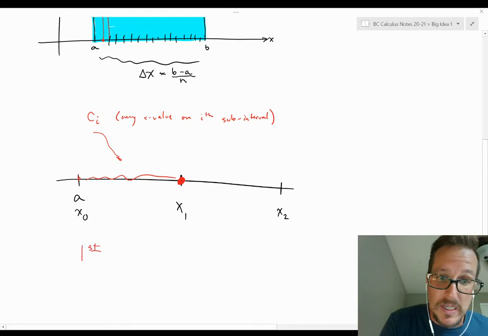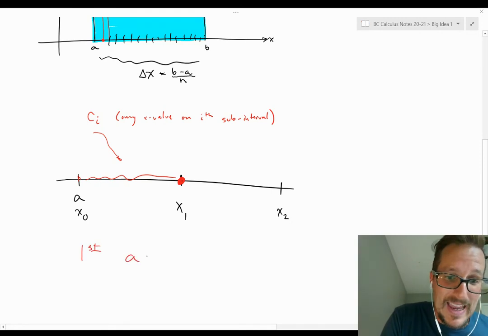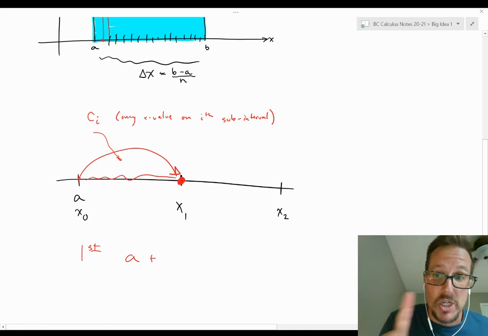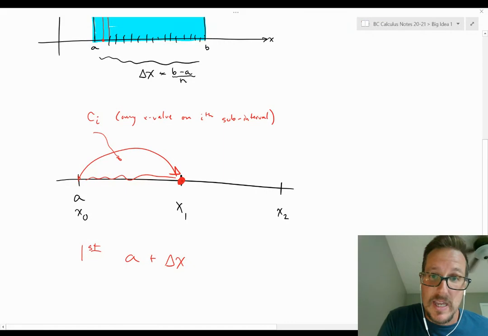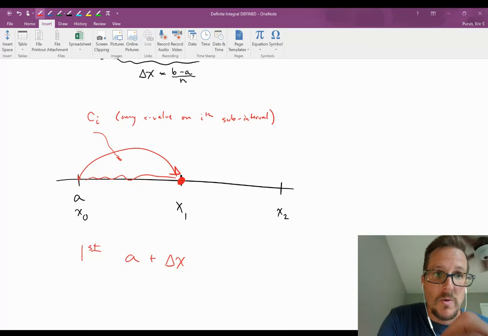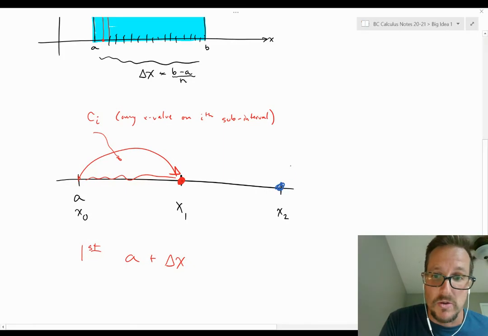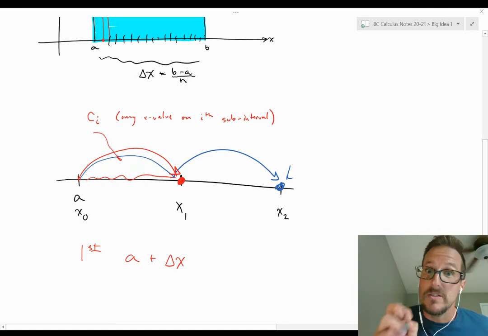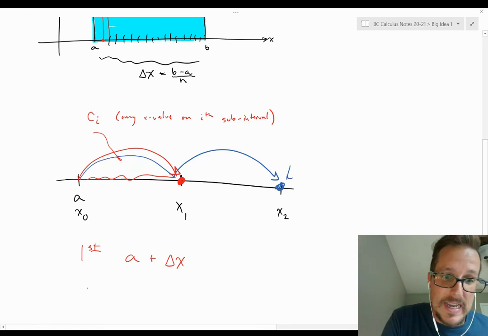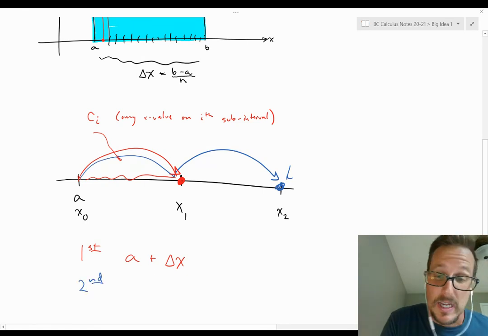So I said the right endpoint, that one right there, is the easiest one because the first right endpoint is a plus, boop, a single jump in x. So a plus delta x. The second right endpoint, which would be x sub 2, that one right there, well, that's boop, boop, that's 2 jumps away, right? So the second right endpoint is a plus 2 delta x.